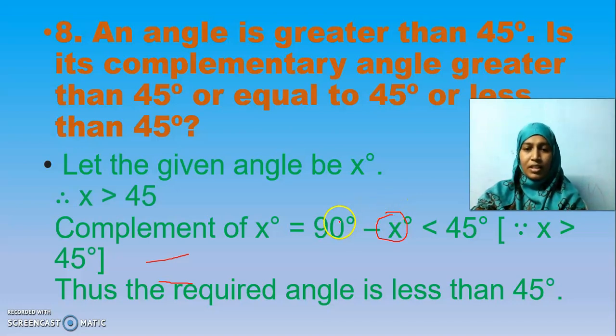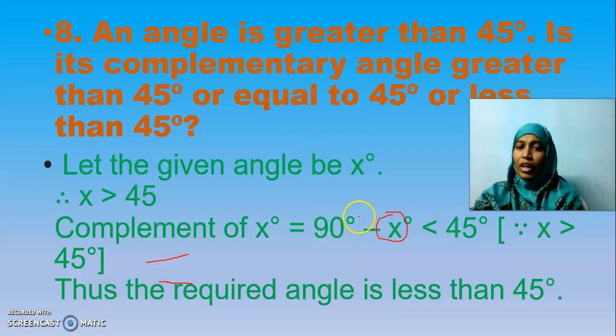If I subtract something greater than 45 from 90, it will be less than 45 only, because 45 is half of this 90. So if I subtract something more than that half, we will get less than that half only. So the required angle is less than 45.